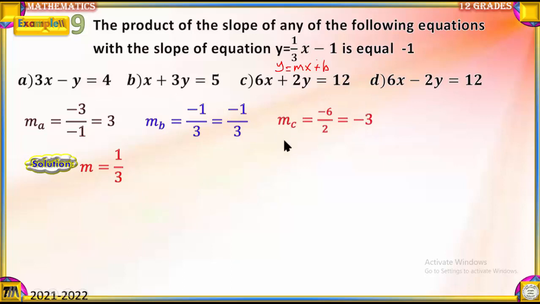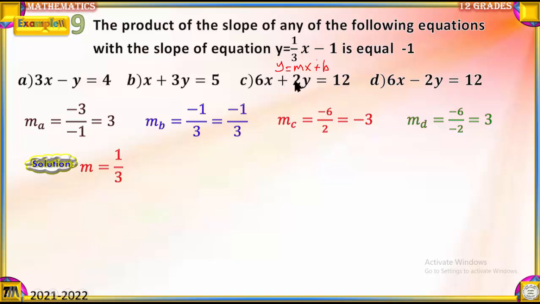We take C. m of C is equal to minus 6 over 2, where a is 6 and b is 2, so it is minus 3. Now take the slope of D, equal to minus 6 over minus 2, which is 3. If we multiply the slope of D with the slope of the given function, it is equal to 1, which is not correct.